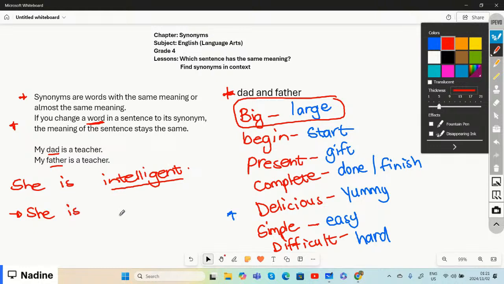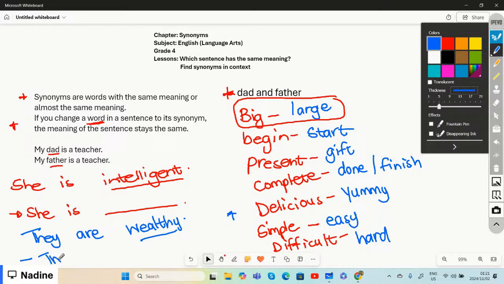She is, and then I'm going to write another one. They are wealthy. What is another word for wealthy? We can say they are. What is another word for intelligent and another word for wealthy?